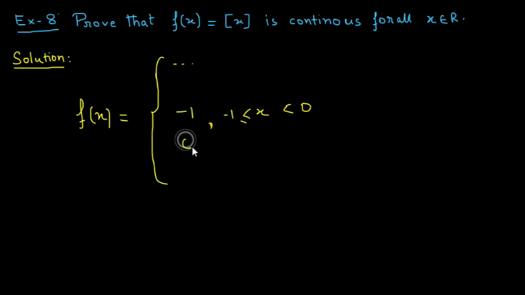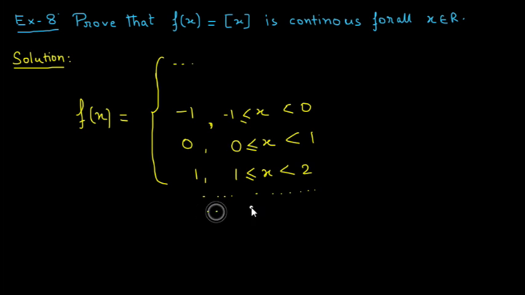Then 0 where x is greater than or equal to 0 and less than 1, and 1 where x is greater than or equal to 1 and less than 2. In this way it can continue.